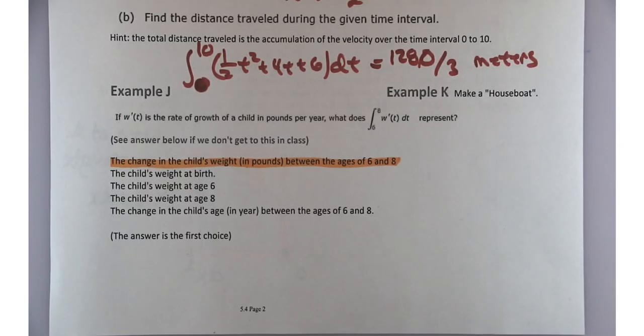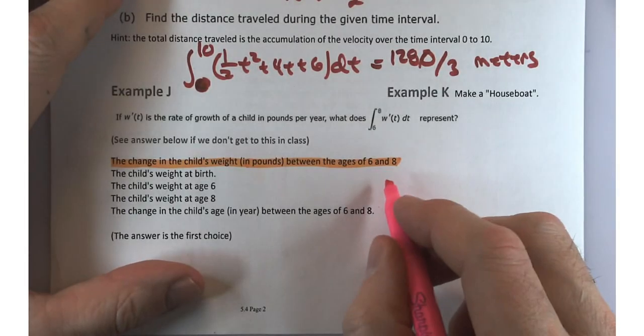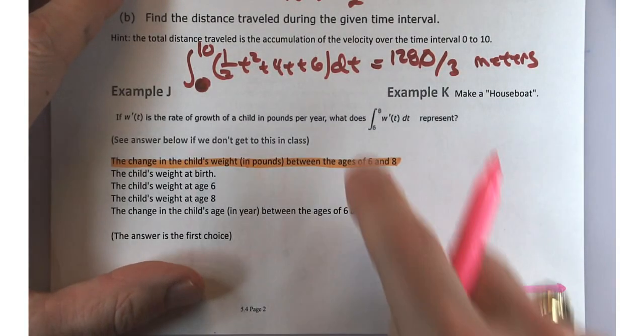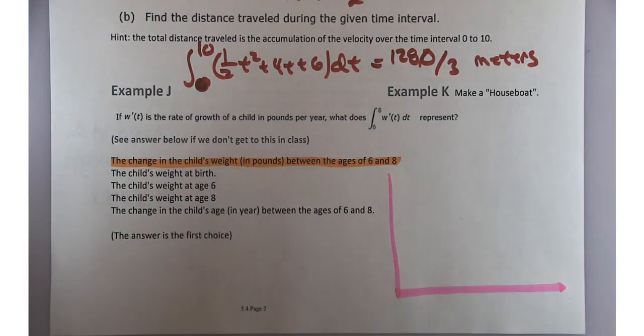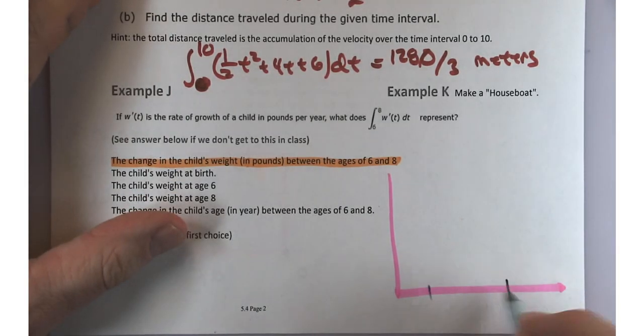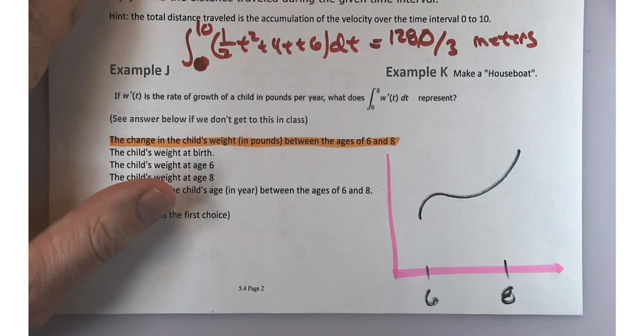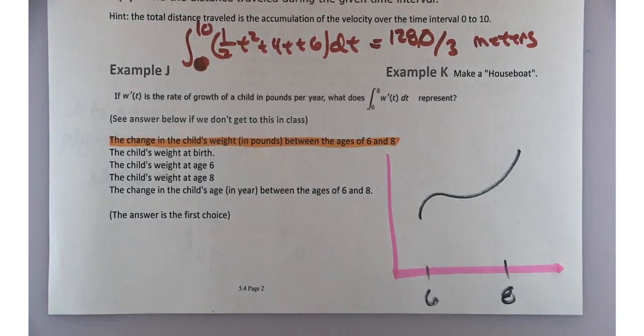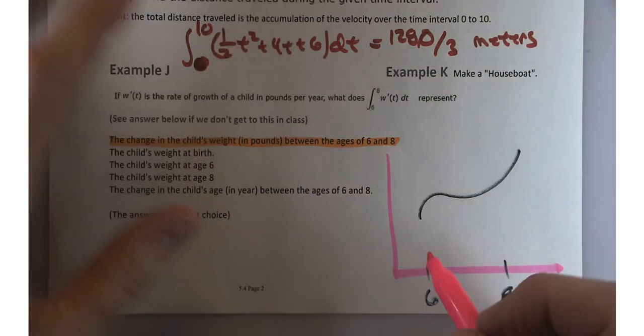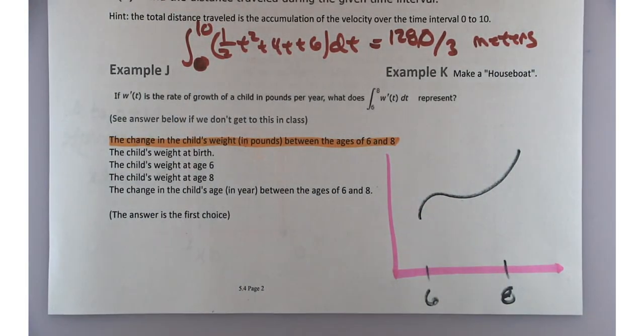So, let me try and draw a little picture here to help out with your intuition. Suppose you have some function between 6 and 8, and it's the rate at which somebody's weight is changing. So maybe at age 6, all of a sudden they put on a little growth spurt, slows down around age 7 or so.